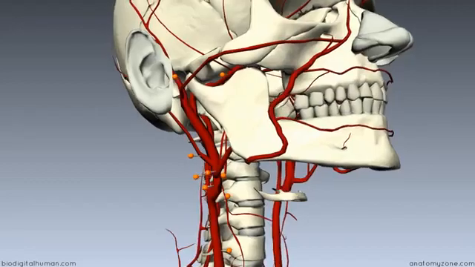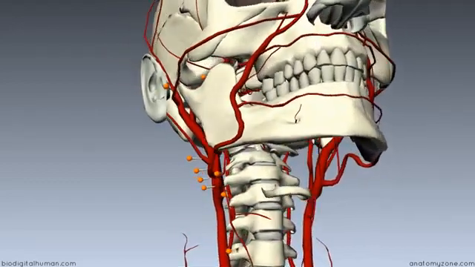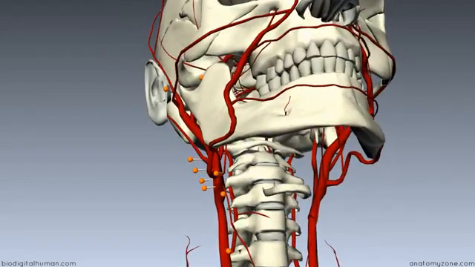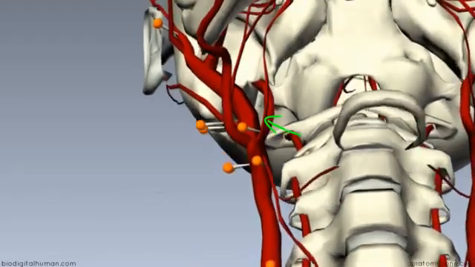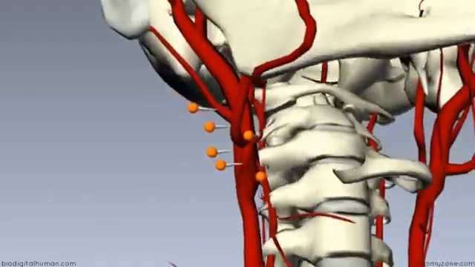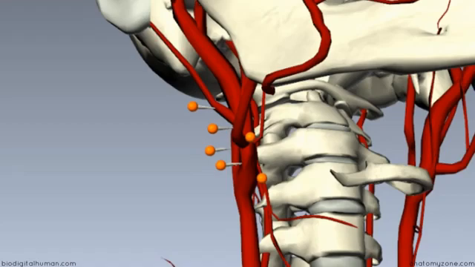So just above the superior thyroid we've got the second branch, which is the ascending pharyngeal artery. So you can see it here. As you can see, this branch comes medially off the external carotid artery and kind of posteriorly.